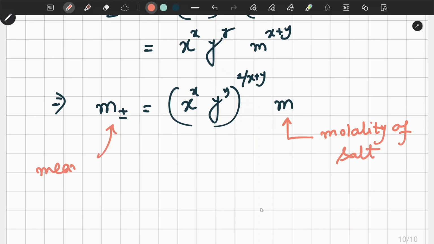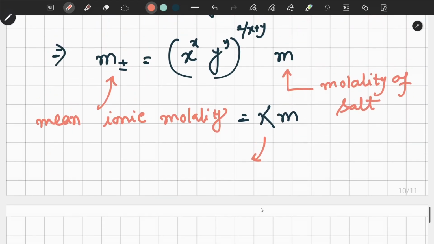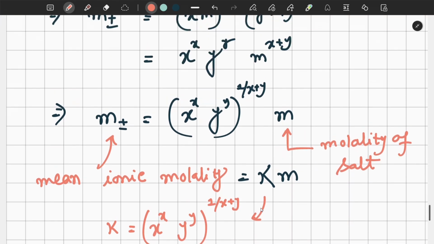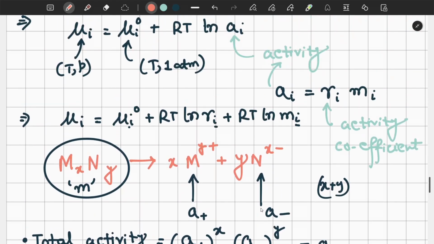This is mean ionic molality, and it is written as kappa times m, and this kappa is eventually x to the power x, y to the power y, root over x plus y. So these are the formulas. Just see it if there is any doubt. Now you can solve any type of question.